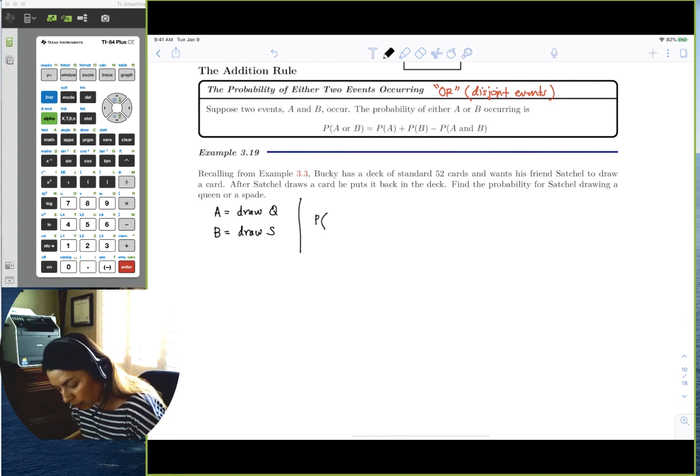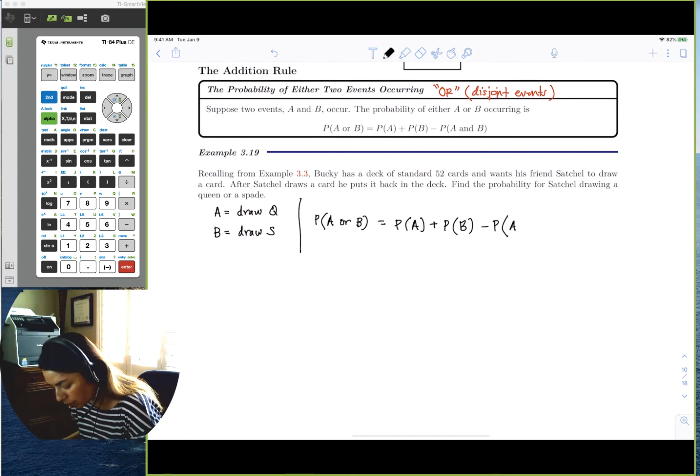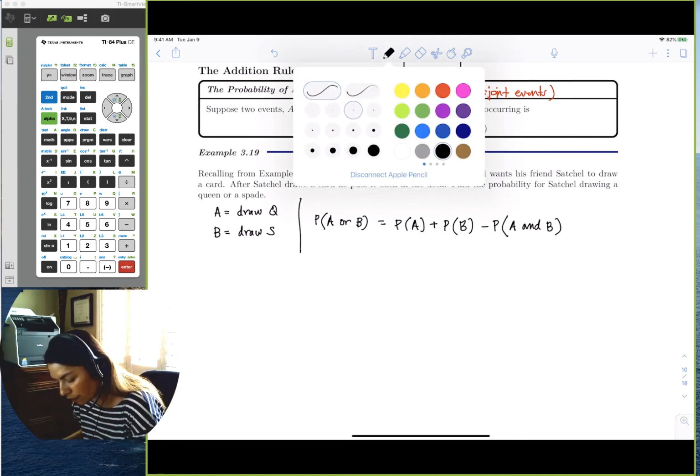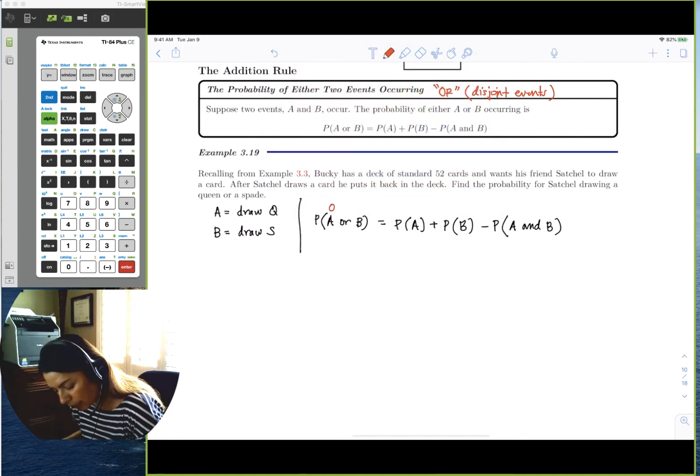So the probability of drawing a queen or a spade is equal to the probability of drawing a queen plus the probability of drawing a spade minus the probability of drawing a queen and a spade at the same time. So this is just drawing the queen. The second probability would be just drawing the spade, and this would be the queen of spades.